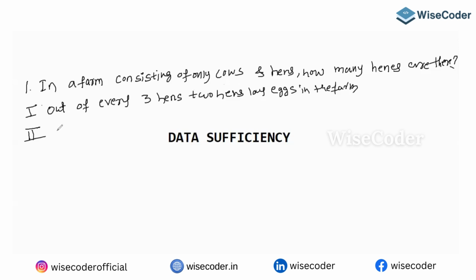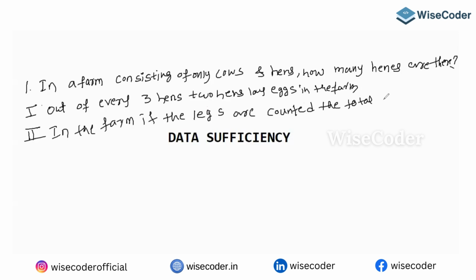Let me write the second one also: in the farm, if the legs are counted, the total number of legs is 150.